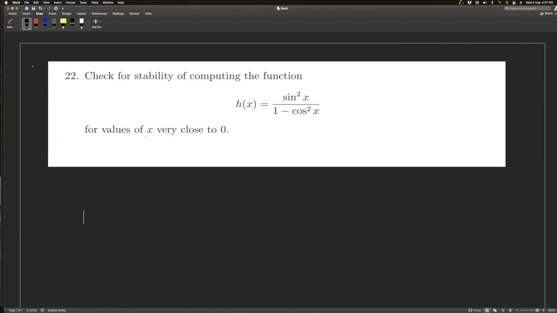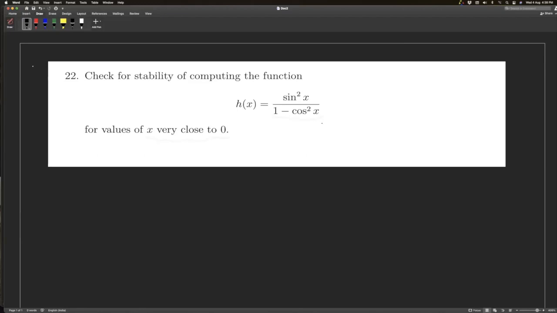However, we anticipate some problem near x equal to 0, because near x equal to 0, the denominator 1 minus cos square x is close to 0. Therefore, computationally, that is on a computer, we may not expect a good answer for this function. And that will be apparently seen in the stability analysis of computing this function.